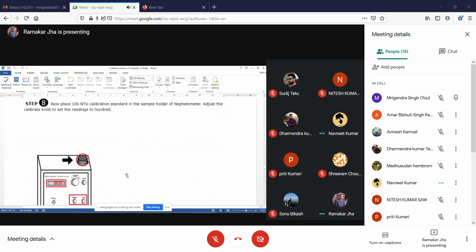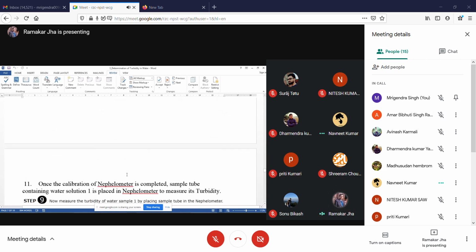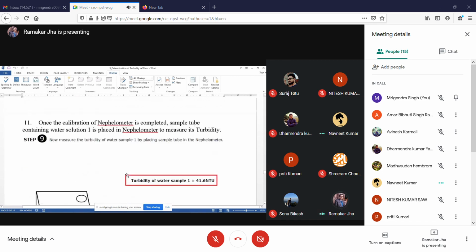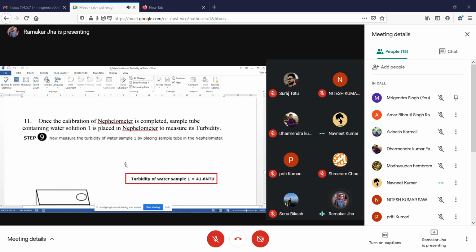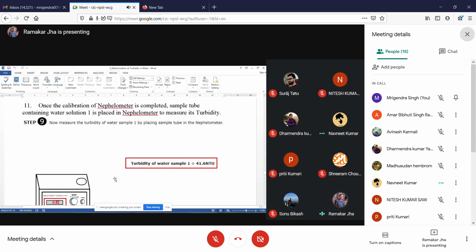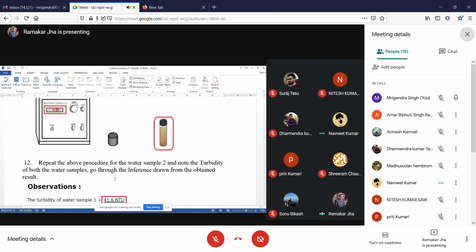So we place it and the reading is made 100. Now any sample, because our instrument is ready to measure the NTU, the turbidity between 0 to 100. So now take the water sample, place it and go for the reading. So now 41.6 NTU, you got the reading.